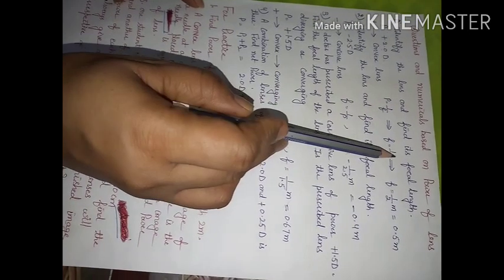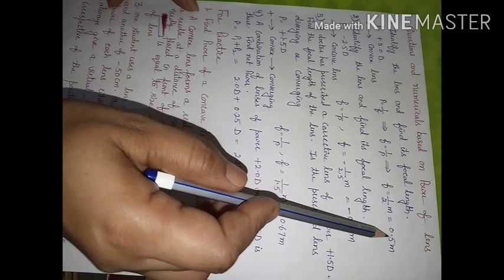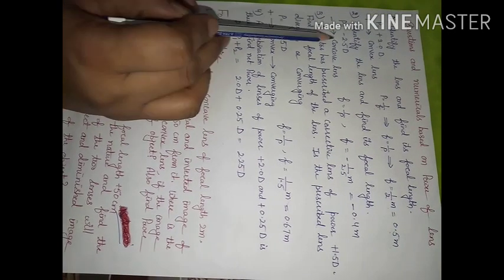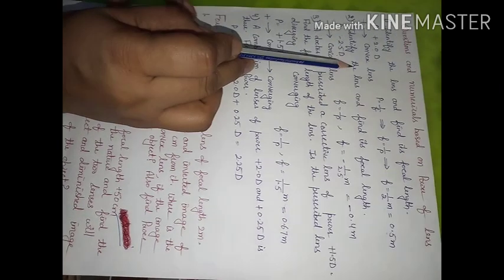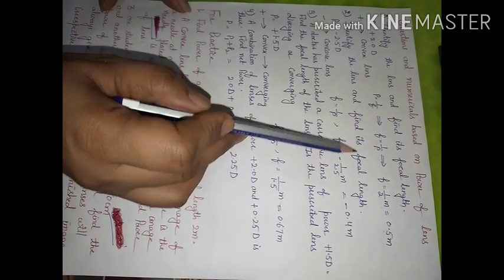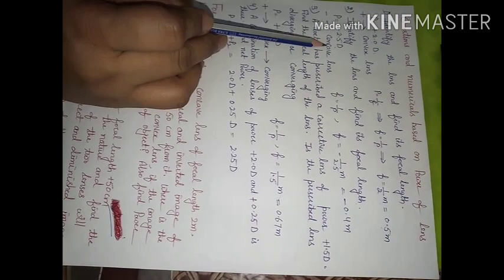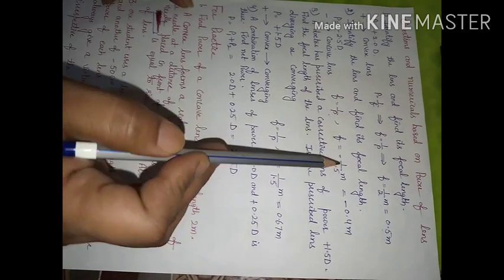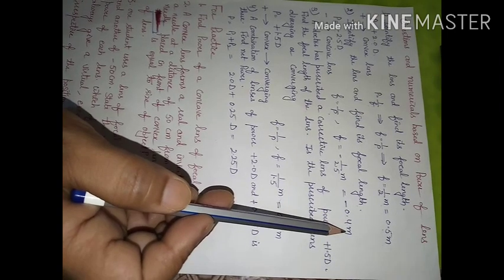So focal length will be 1 upon P. When you solve 1 upon 2, the focal length will come out to be 0.5 meter. If the question is power is minus 2.5 diopter, you have to identify the lens and find its focal length. So the negative sign shows this is a concave lens, and focal length is the reciprocal of power. When you solve it, you will get the answer minus 0.4 meter.